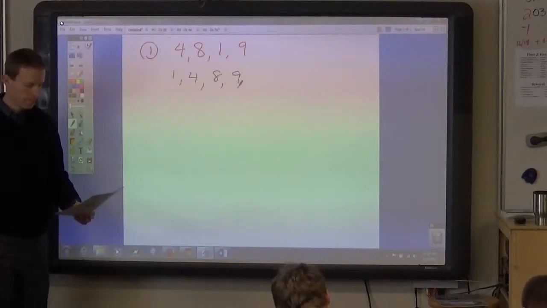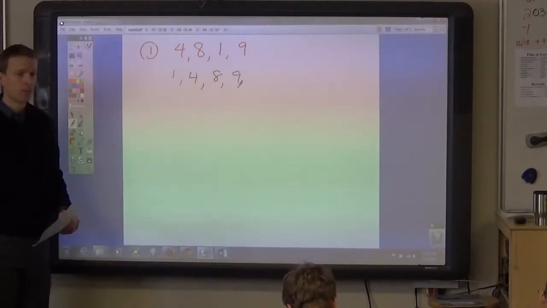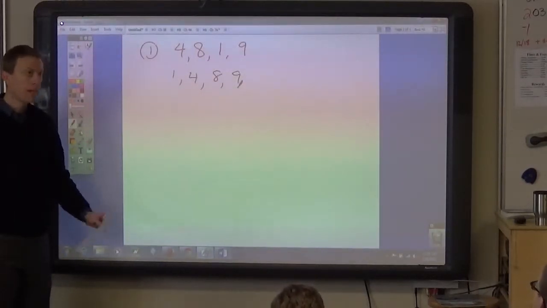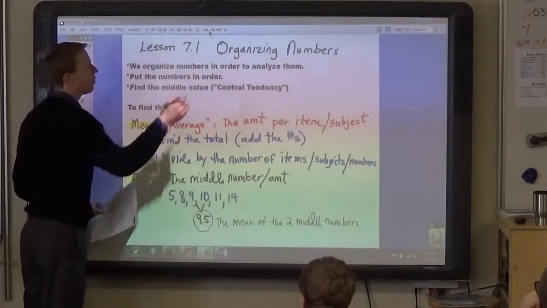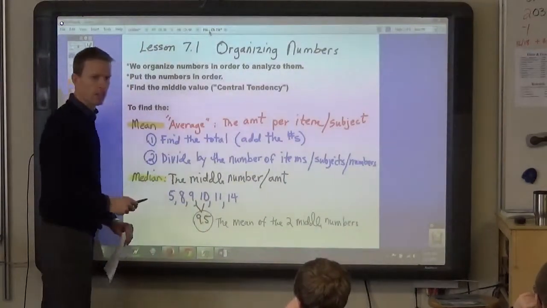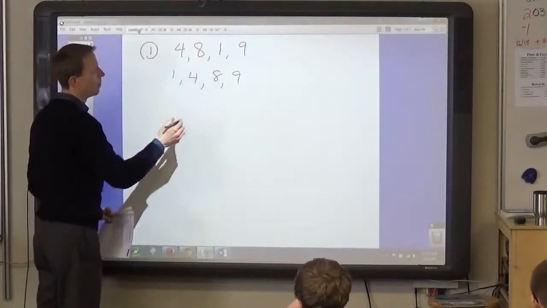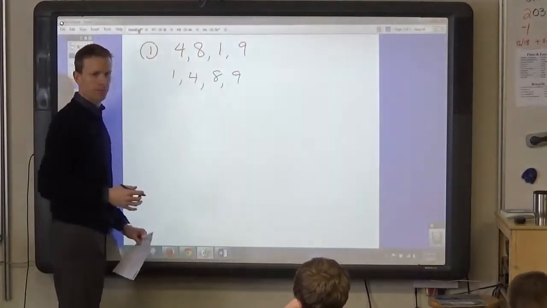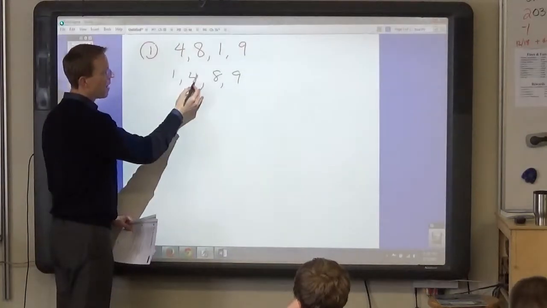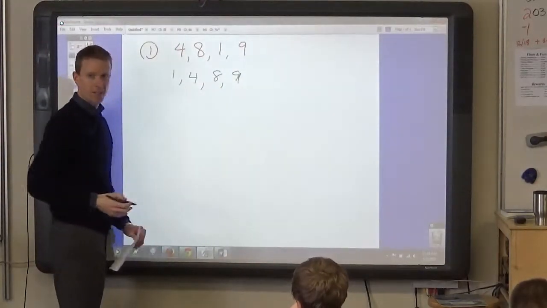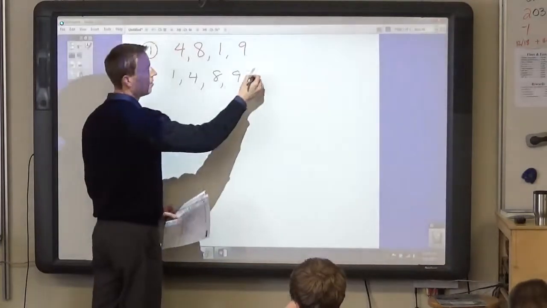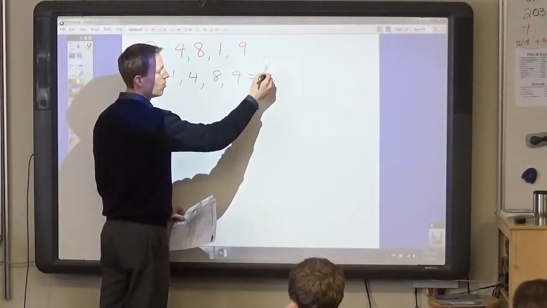Okay? Now, in order to find the mean, we go back to our notes. It says we have to find the total, or the sum, of the numbers. So we have to add them up. This is 5, this is 17. So the total is 22.